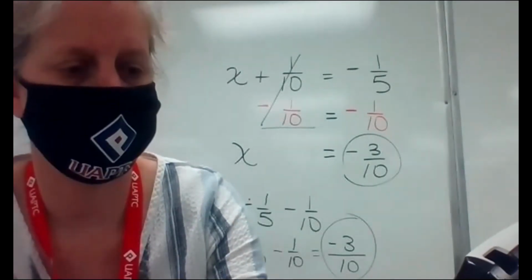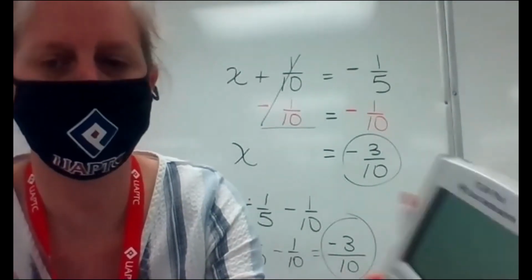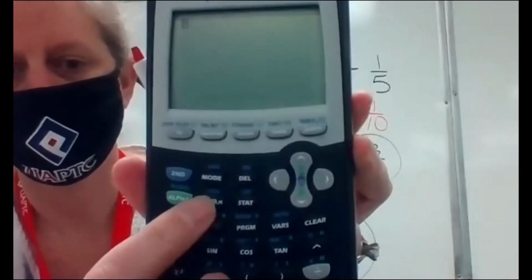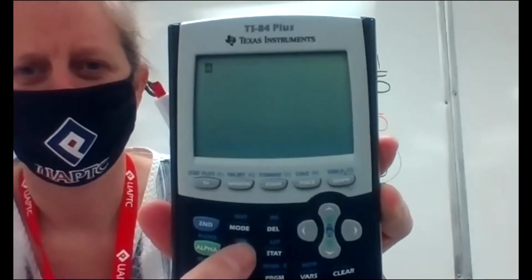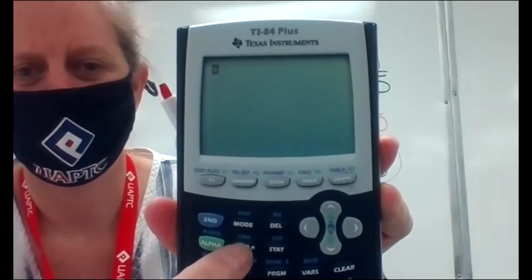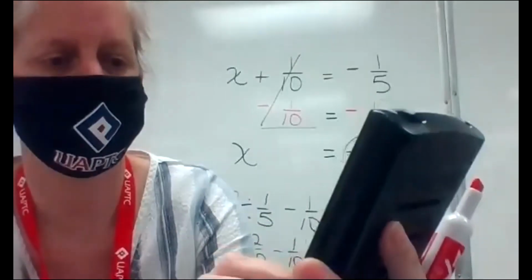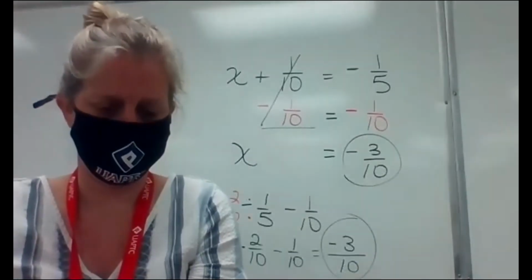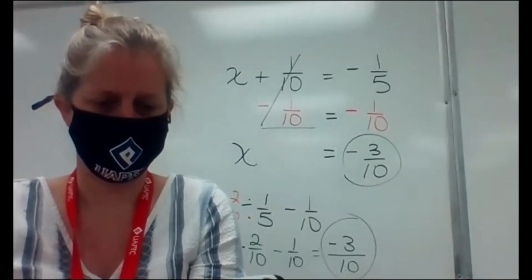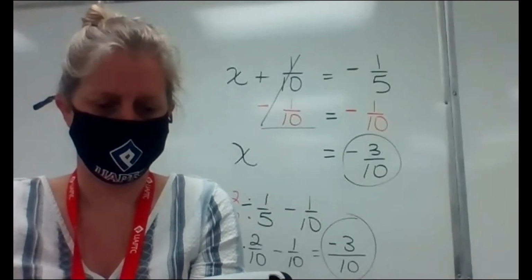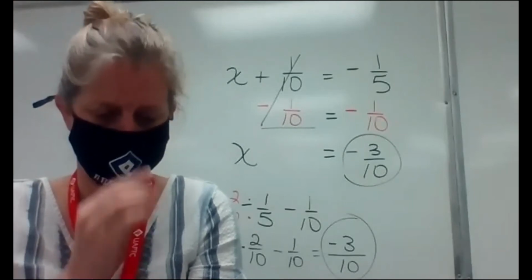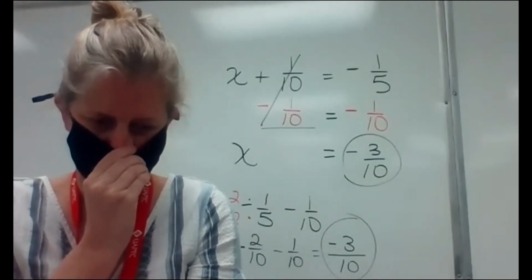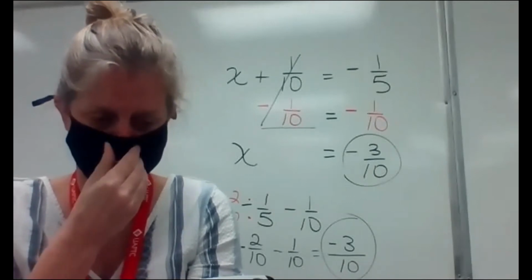You see it? Uh-huh. And then I can hit link. Right here. On mine it literally has a little fraction symbol. And I can type in the fraction how I see it and get the answer.